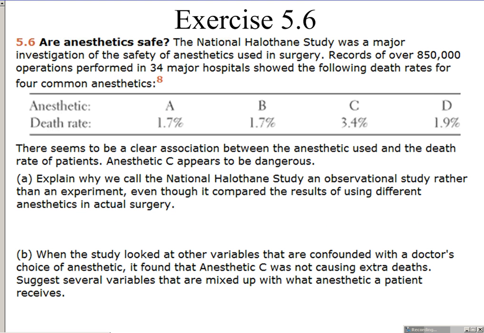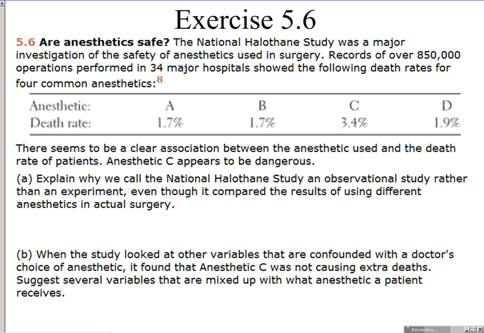Number 6. The National Halothane Study was a major investigation of the safety of anesthetics used in surgery. Records of over 850,000 operations performed in 34 major hospitals showed the following death rates for 4 common anesthetics. There seems to be a clear association between the anesthetic used and the death rate of patients.